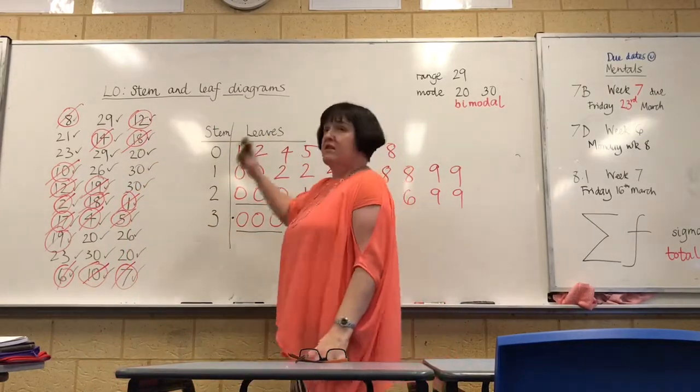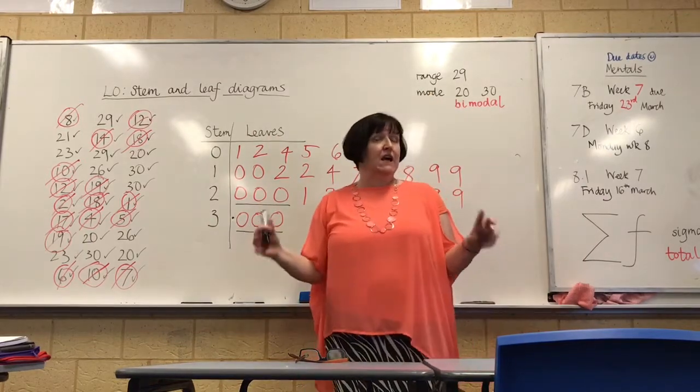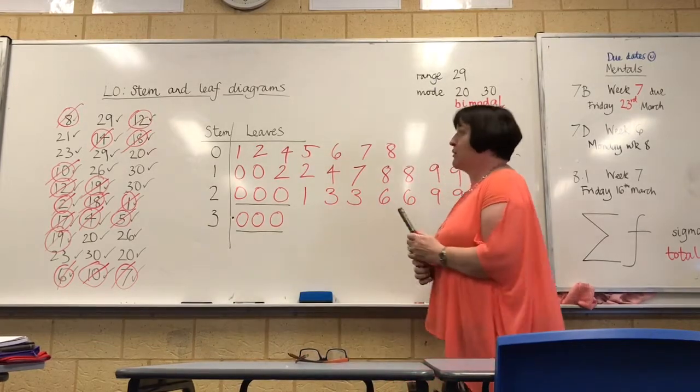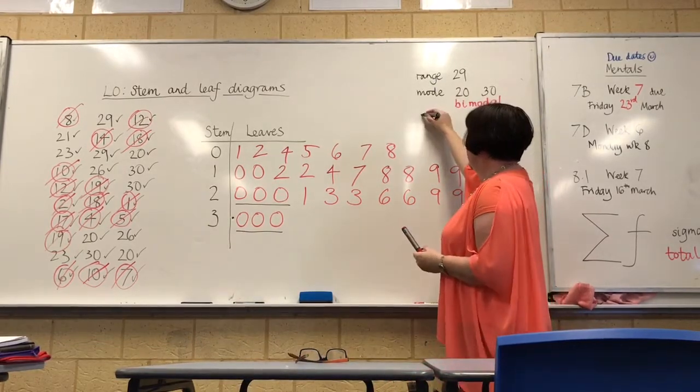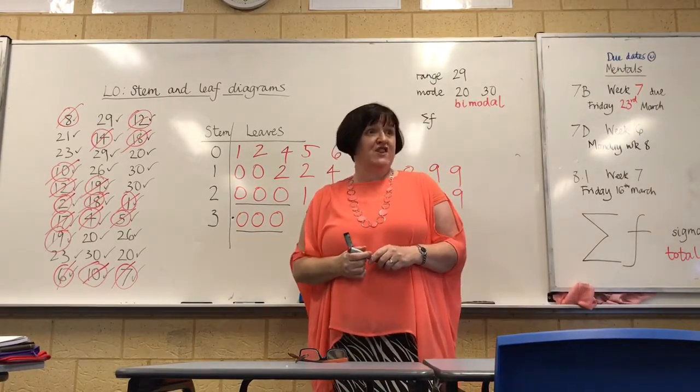Okay, so we've worked out the mode and the range pretty easily from our data set. Now, the next thing you probably would want to do is work out your total frequency. It's 30, that's right.